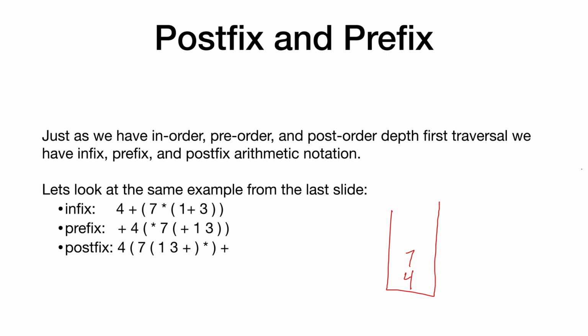We don't have an operation yet, so we get to 1. And we get to the 3. There's still no operation. And then we get to the plus. The plus says take the 1 and the 3 and add them. So we're going to remove these two and replace them with 4. And then we're going to multiply. 7 times 4 is 28. And then we're going to add 4 and 28 to get 32.